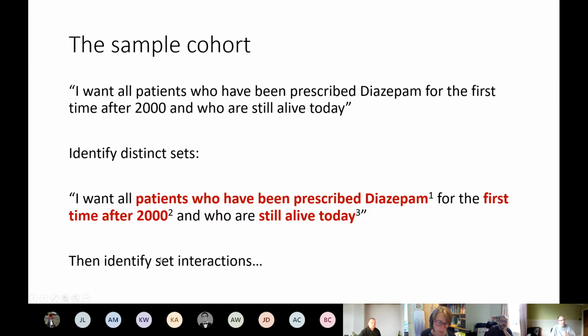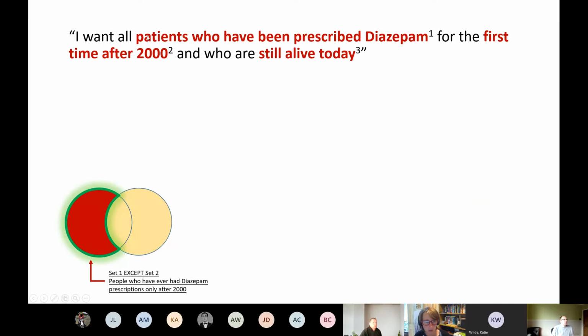So then we can think, how do these split into the set interactions? How do we use union, intersect, and except to split these things up? So set 1 is people who have had a diazepam prescription, that's the red component.